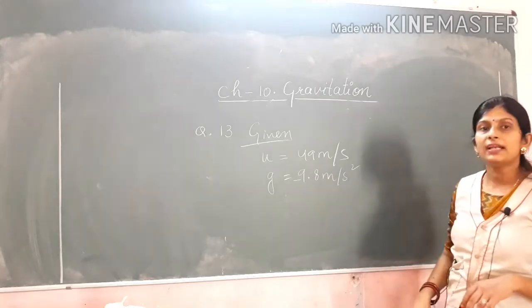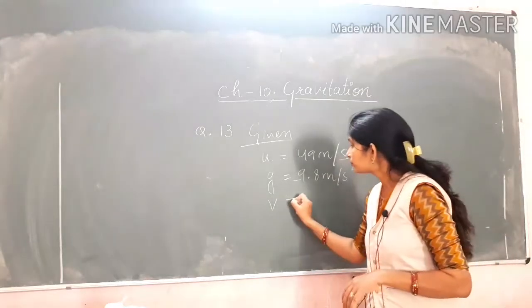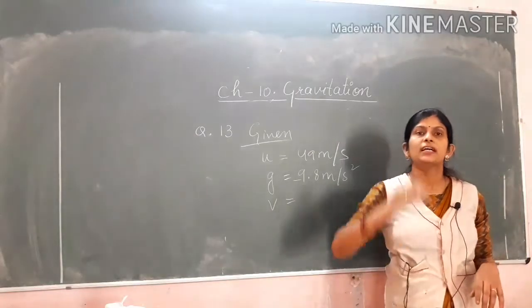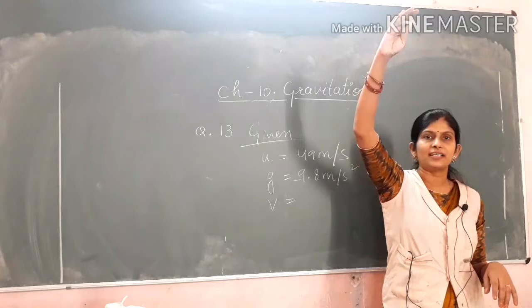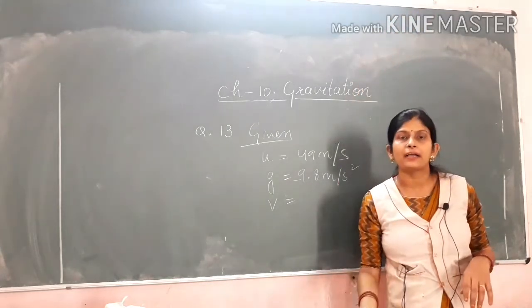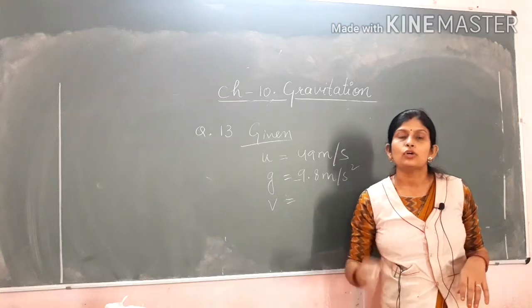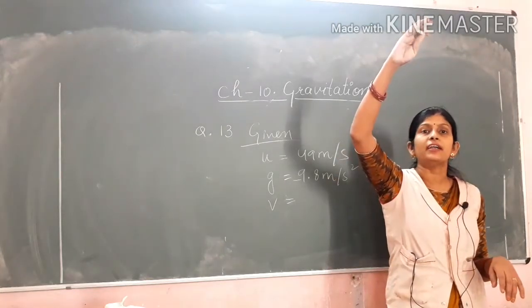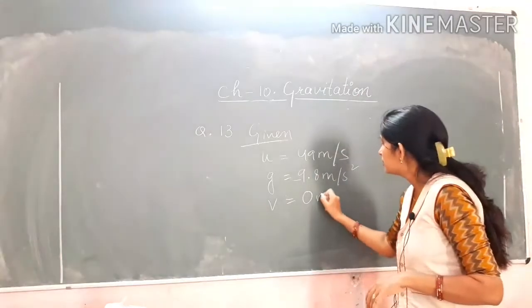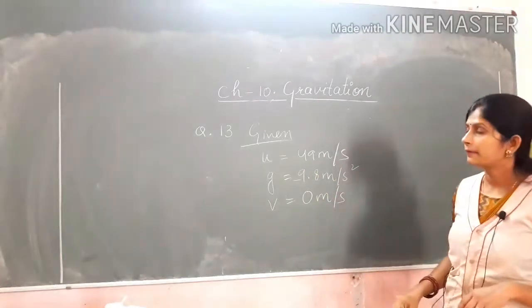Now, when object is thrown vertically upwards, after reaching a certain height it comes to a stop, then it falls back to the earth. So at the highest point it stops for a moment, and its final velocity becomes 0 meter per second.